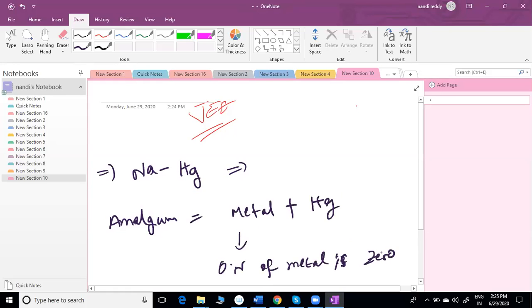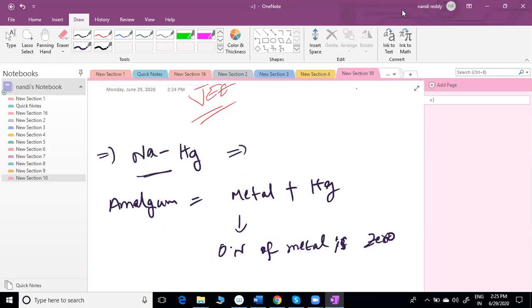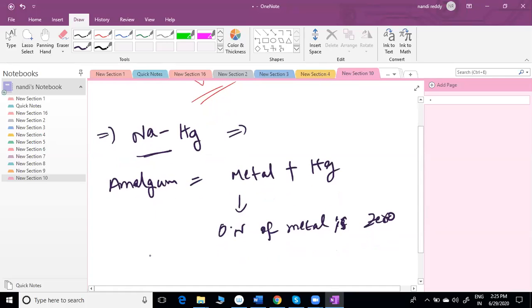Clear? Any metal, for example, sodium amalgam: the sodium oxidation state is 0, the oxidation number is 0.